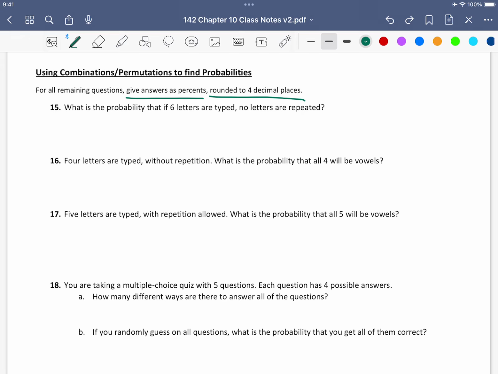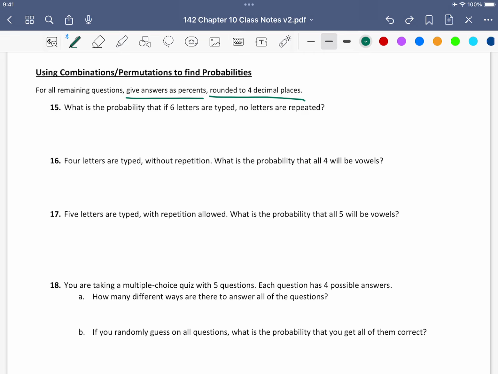In number 16, 4 letters are typed, but we put a restriction on that from the beginning: we cannot repeat. That's an important note, because it's going to change the way we put our numbers together.